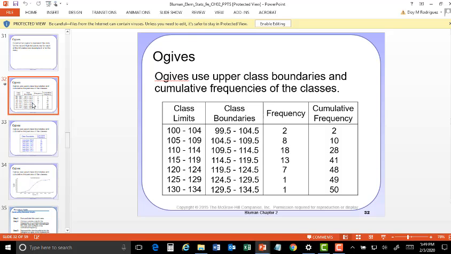So if you graph an Ogive, it will never go down. It will go like this, because the first one goes up to 2, and the other one goes up to 10. And it'll start getting less and less steep, but it'll never come down because it's adding. It's cumulative.